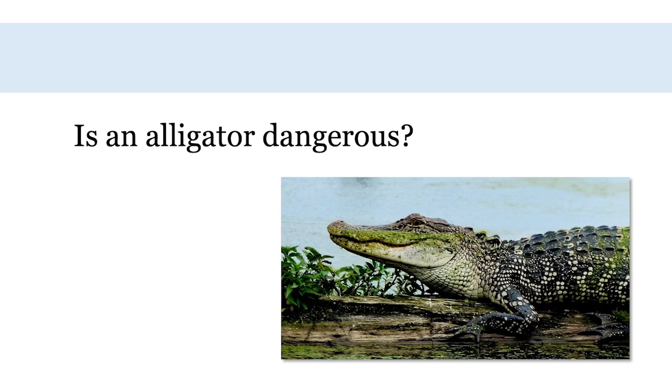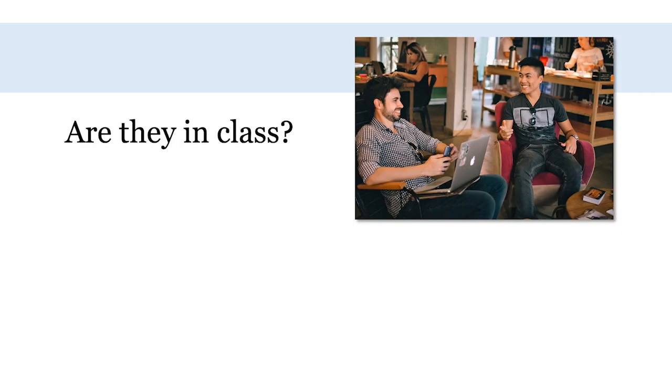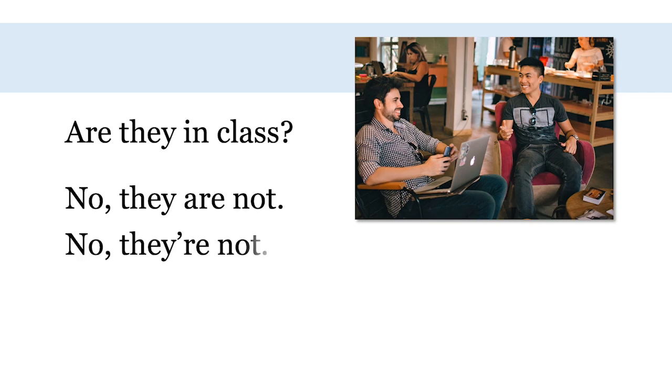Is an alligator dangerous? Yes, it is. There is only one answer here because it is a yes answer, and we can't do all of those contractions with a yes answer. Are they in class? No. No, they are not. No, they're not. No, they aren't.